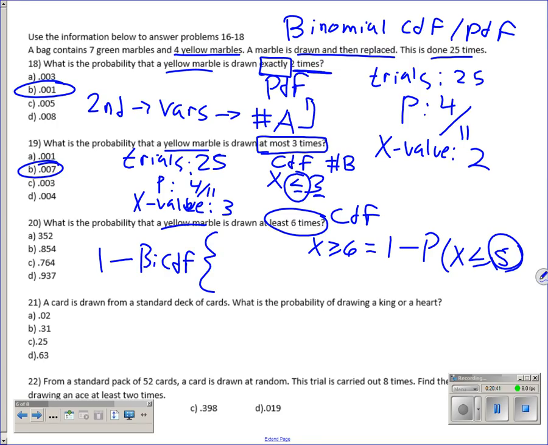Your trials is still 25. Your probability of success is still 4 out of 11. And your x value is going to be this number beside the less than or equal to symbol, 5. When I end up doing all of that, I get D.